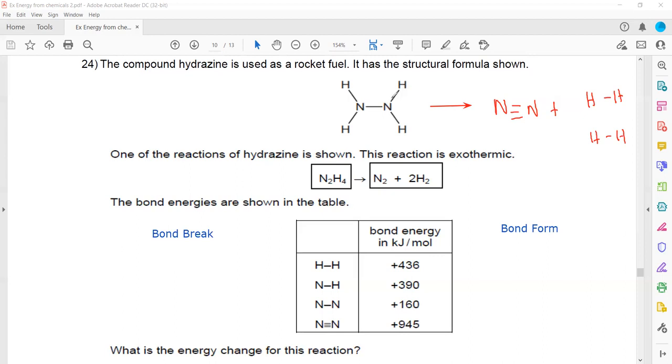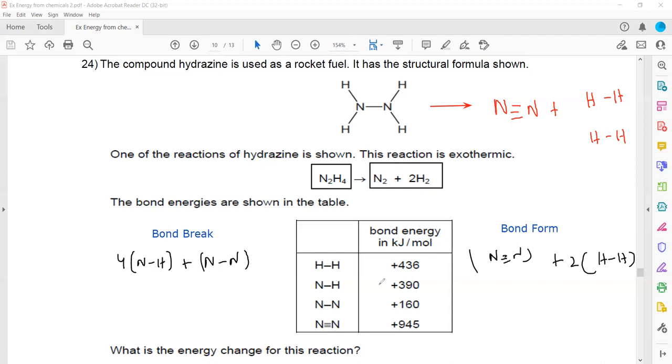There are 1, 2, 3 and 4 NH bonds, plus a nitrogen single bond. The N triple bonded with N is bond forming, plus hydrogen single bonds, and how many of them? 1 and 2. So this will be 2.